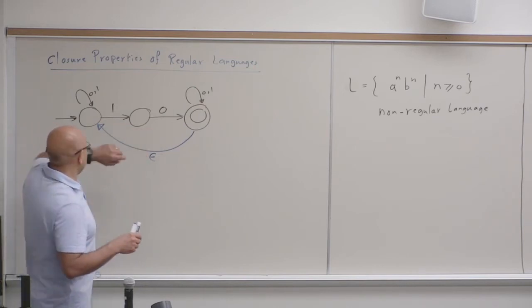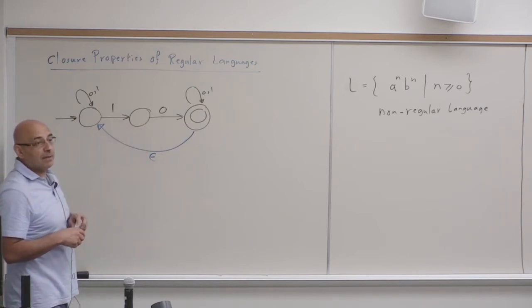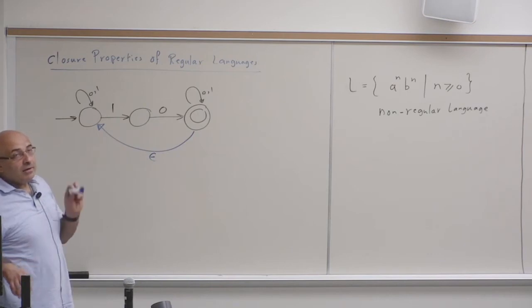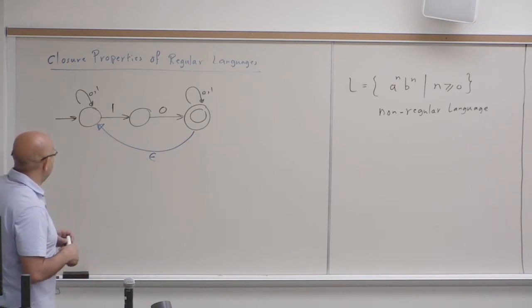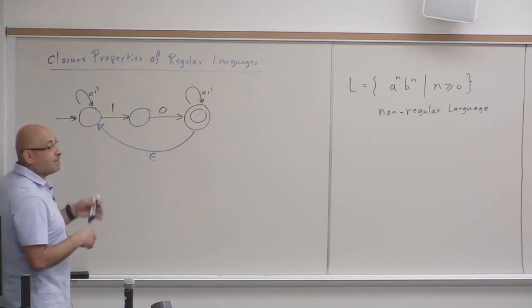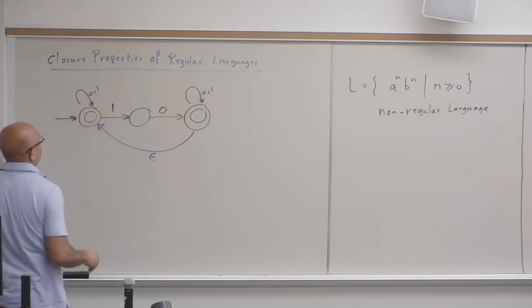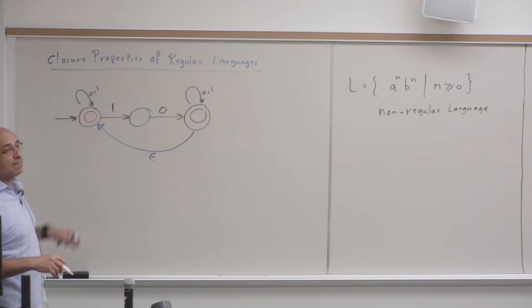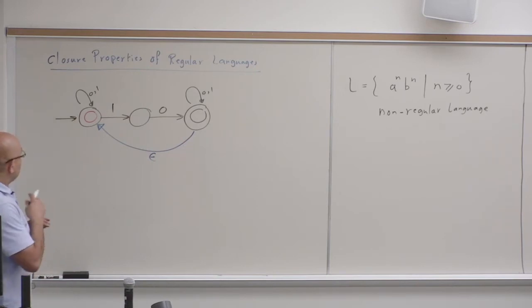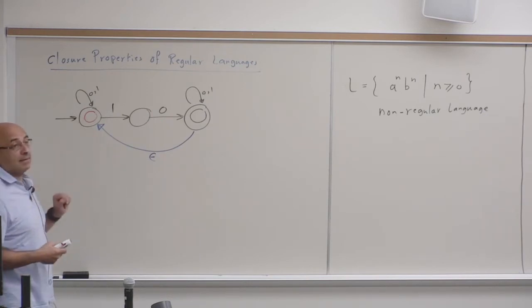Now, how can we make it accept epsilon? One wrong way of trying to accept epsilon is doing this. This would be one way of accepting epsilon. Yes, it will accept epsilon, but it will screw up everything. Why? Yeah, this will accept anything.